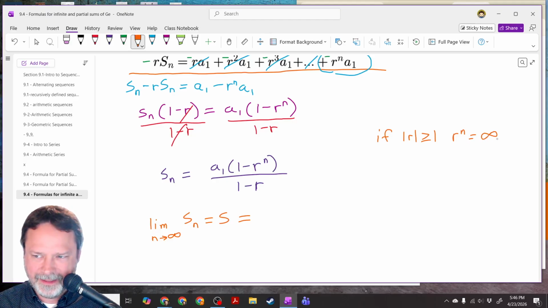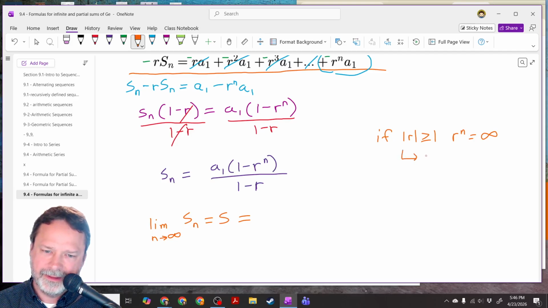I shouldn't really write equals infinity, but it's going to get really large, really fast. And so the whole thing is just going to blow up. We would say our series diverges, if that's the case. It does not converge. We can't get an actual value for the sum.